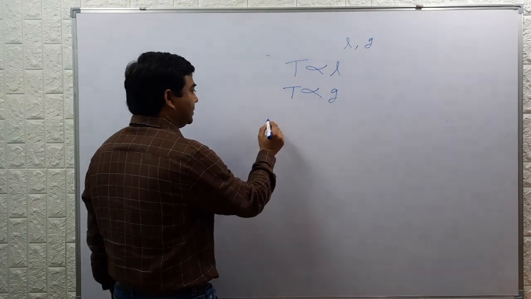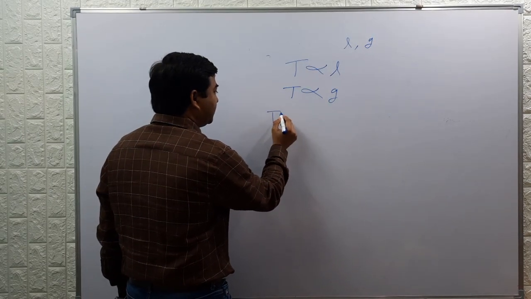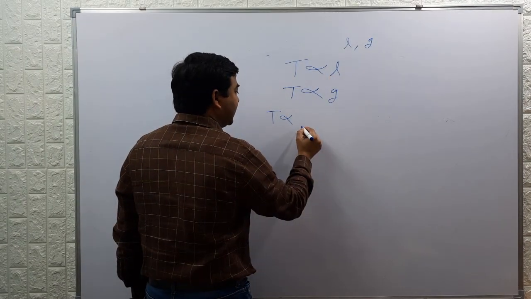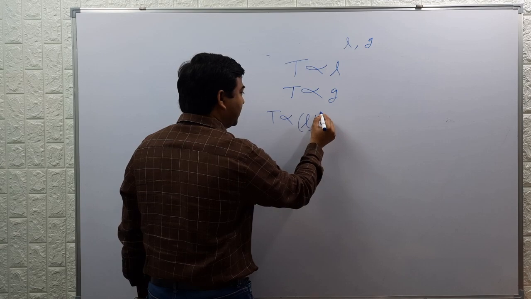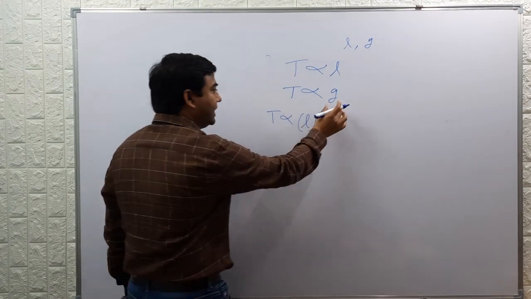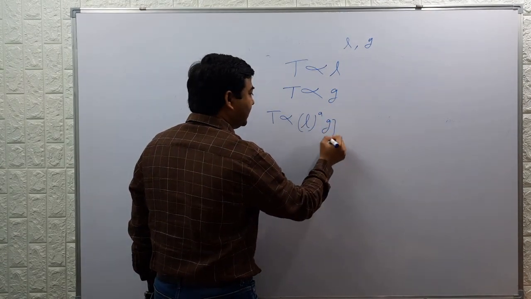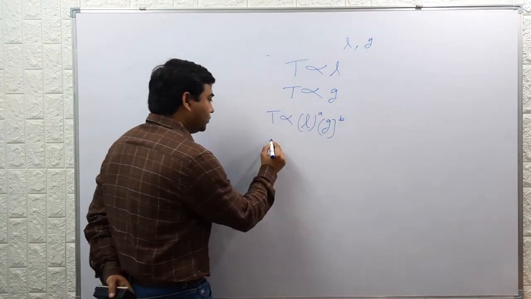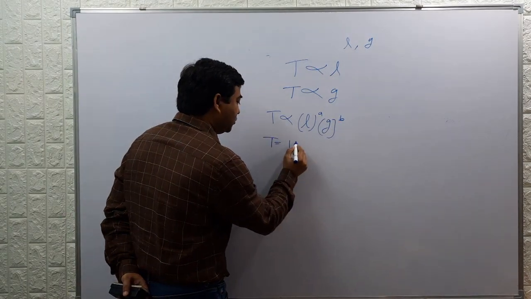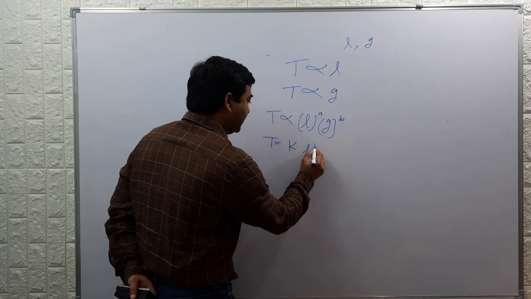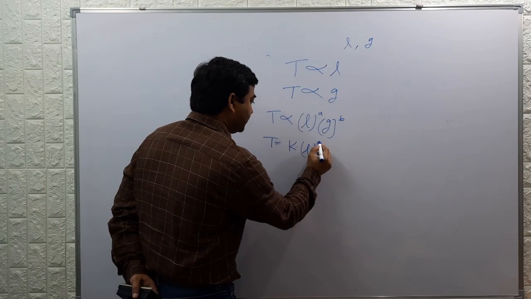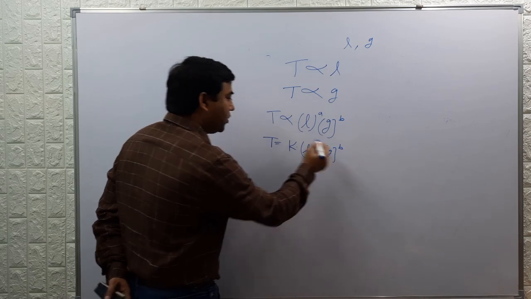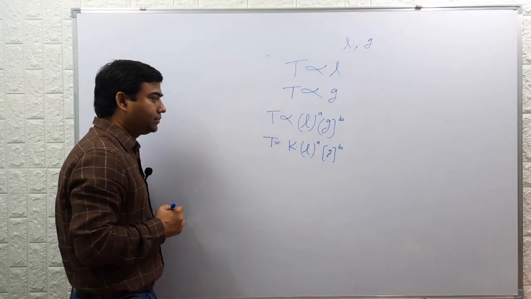So let T be proportional to L, that is length of pendulum, to power a, and g, that is acceleration due to gravity, to power b. So we can write it as T is equal to a constant into length and acceleration due to gravity, having powers a and b.